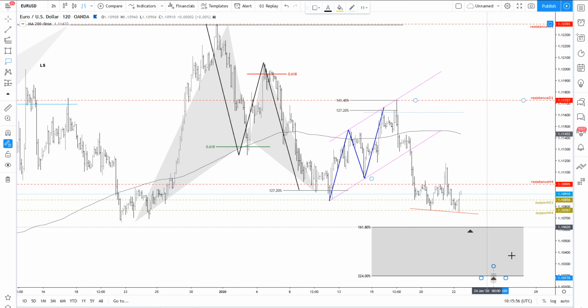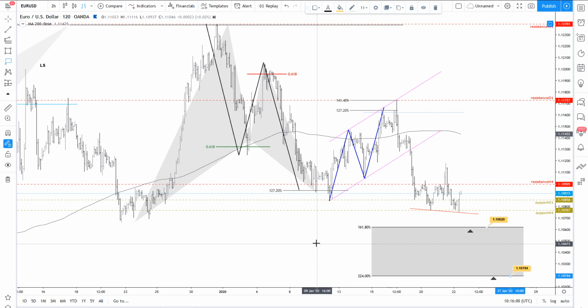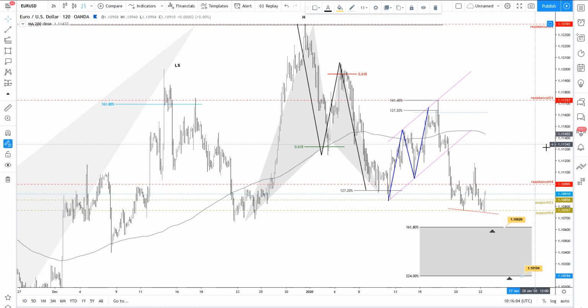First of all, the 1.600 extension, 110.62, and then if the market fails to find some support there, 110.19.